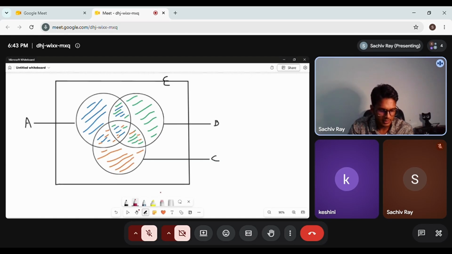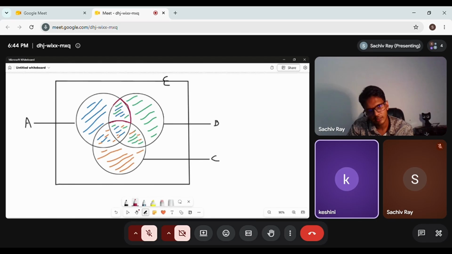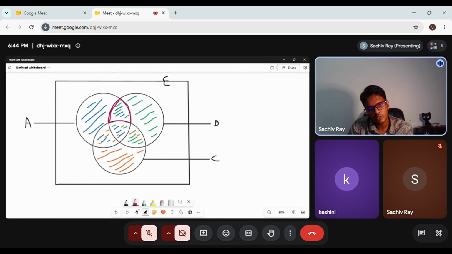What else have they given? Okay, they have given something like this as well in the book. This part only. So this we can take by thinking about the part which we took earlier. Earlier, the bottom part we called A intersect B, right?